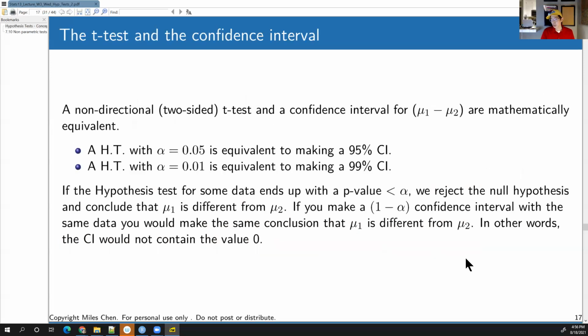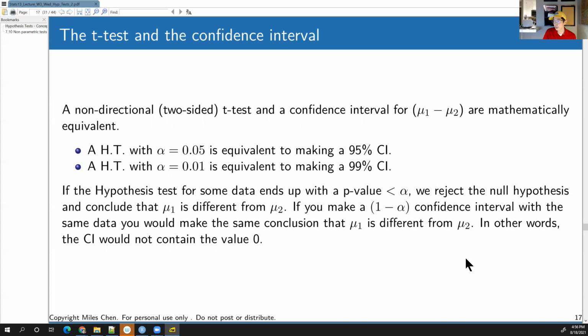There is a relationship between the t-test and the confidence interval, right? I think I alluded to this, and I said these two things are mathematically equivalent. They're kind of like two sides of the same coin.